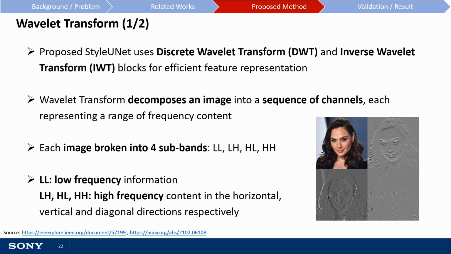The first subband, LL, corresponds to low-frequency information, and indeed, it is visually similar to a blurred version of the input image. The remaining subbands LH, HL, and HH correspond to high-frequency content in the horizontal, vertical, and diagonal directions, respectively.